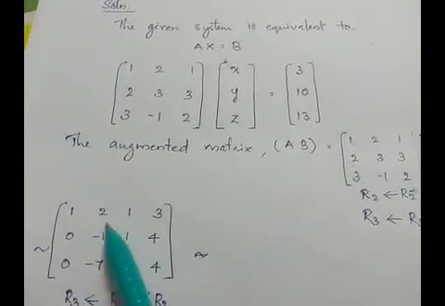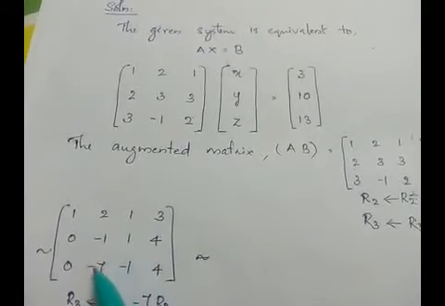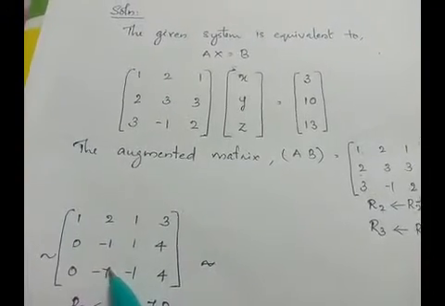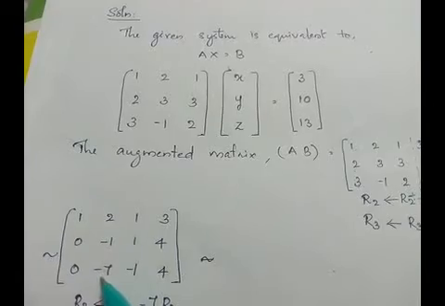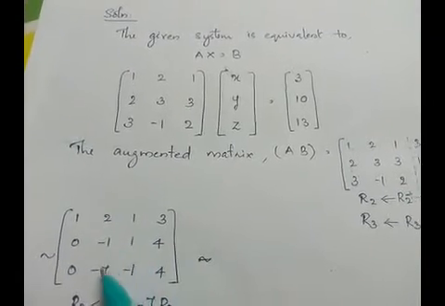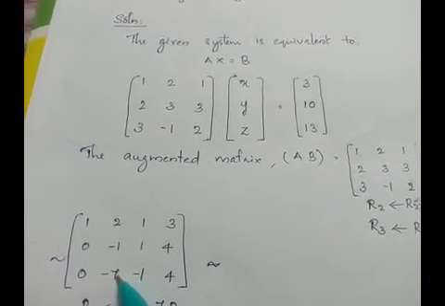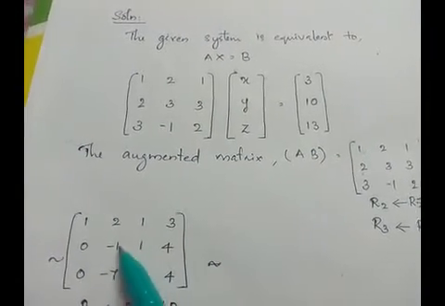The next diagonal element is minus 1. We have one element below minus 1, so this should also be converted to 0. The next equation we have to write is to convert this minus 7 to 0. To convert minus 7 to 0, we just need a plus 7, and we have to get that plus 7 with respect to the diagonal element.